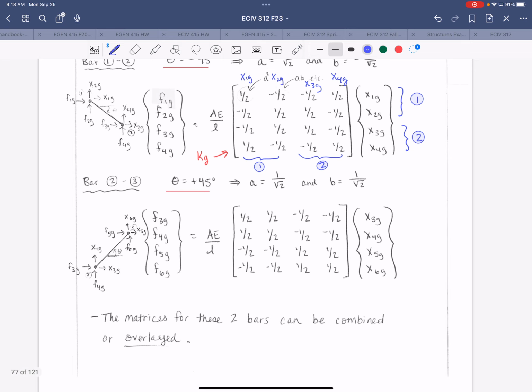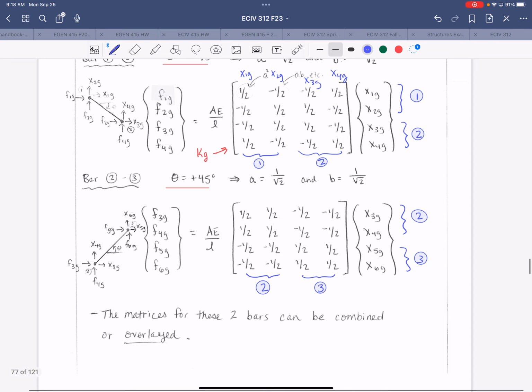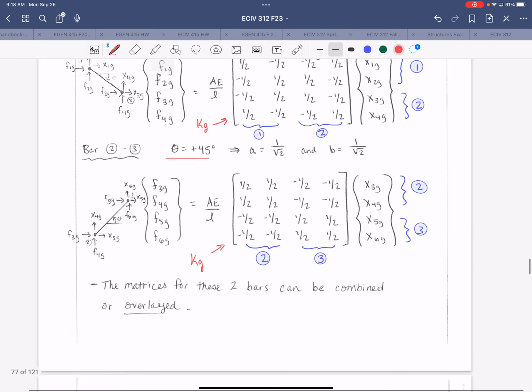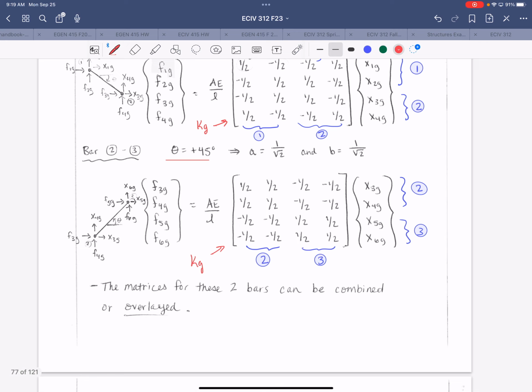Then for element 2, 3, we have node 2 columns and rows, and node 3 columns and rows. And this, of course, is your global stiffness matrix for element 2, 3.